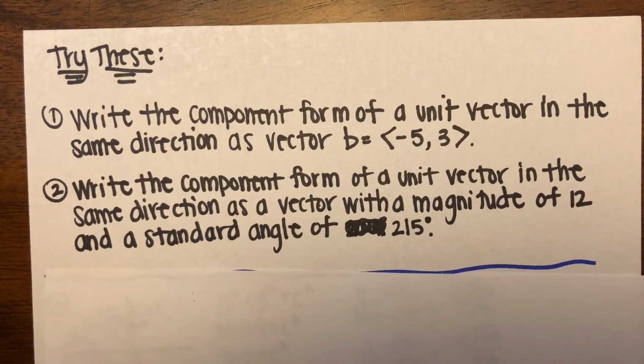Maybe you were taking notes on what I was just talking about with the examples. If not, go ahead and take out a piece of paper now. What I'm going to have you guys do is go ahead and pause this video so that you could try these two problems. And then when you're done, unpause the video and I'll take you through the solutions step by step. So go ahead and pause the video now.